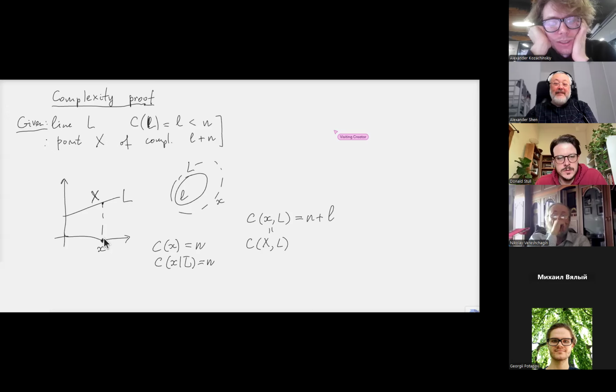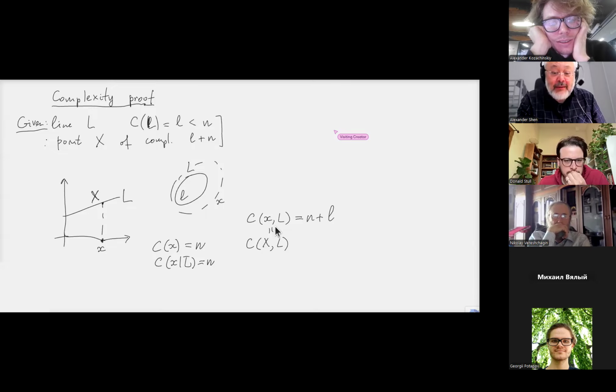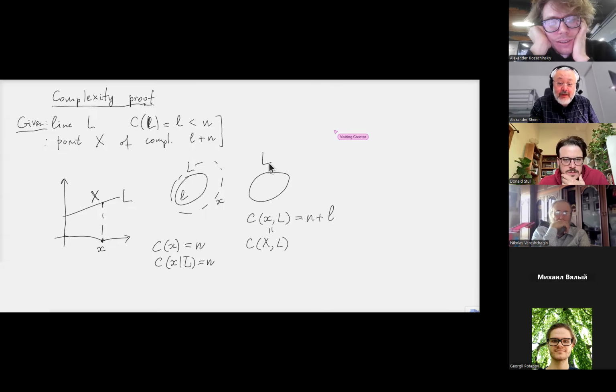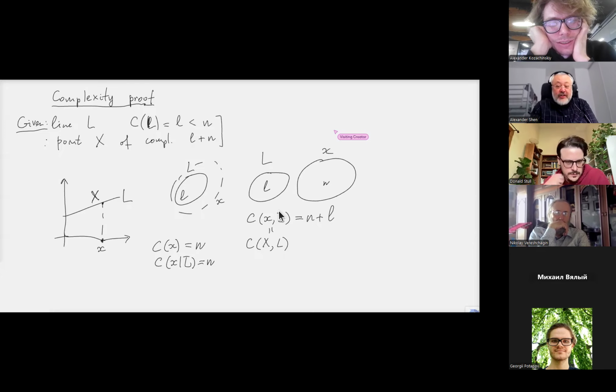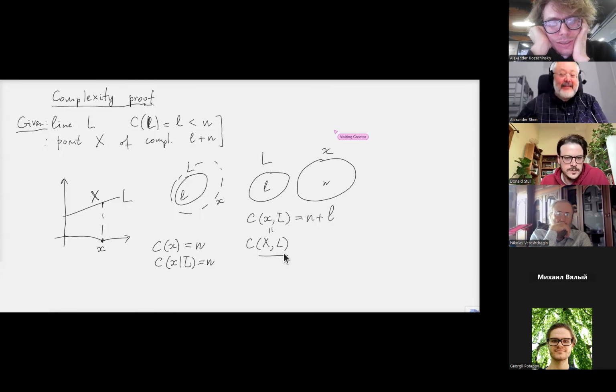So it's enough to show the complexity of a line given X. We know that's the complexity of this pair. So we have L and separately we have x. The complexity of this pair is n plus L, which is the same as the complexity of the pair X, L. Yes.